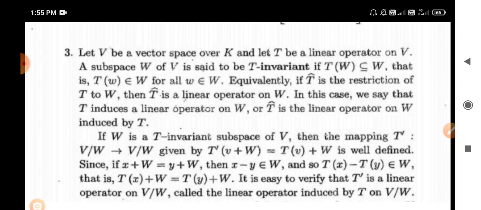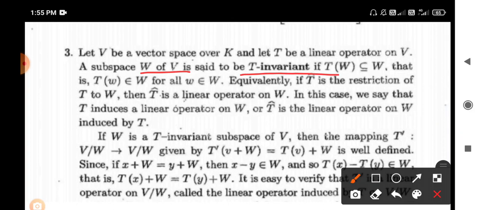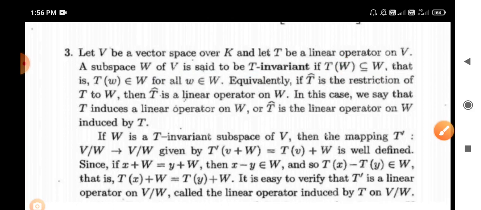Let V be a vector space over K and T be a linear operator on V. Then a subspace W of V is said to be T invariant if T of W is a subset of W. That is, after applying T on the subspace W, the image set is also a subset of W. Then we say that the subspace is a T invariant subspace.